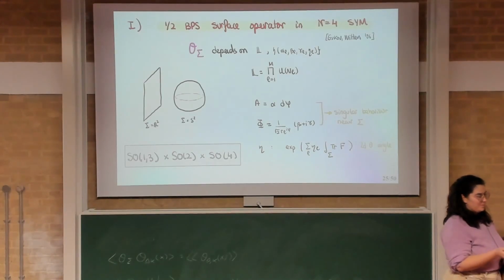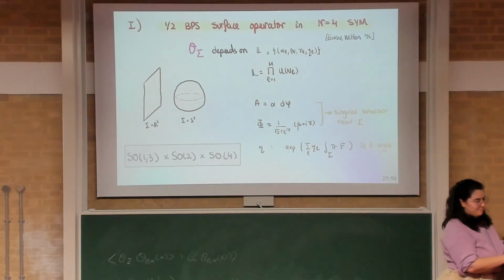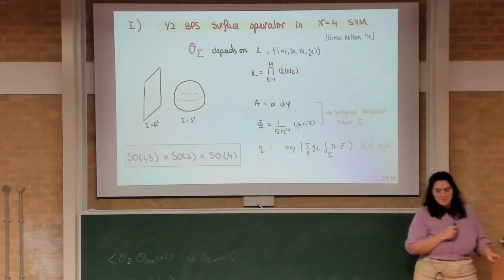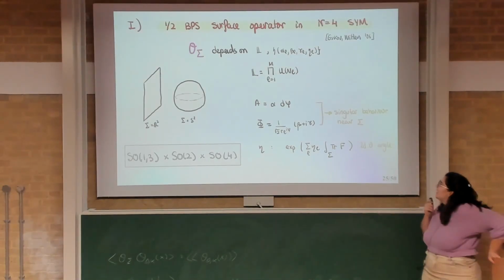I see. Because the Euler density term changes under conformal transformation. Even better. Okay. So it's stronger than supersymmetry. Yes, this is what I didn't remember. Thank you very much.